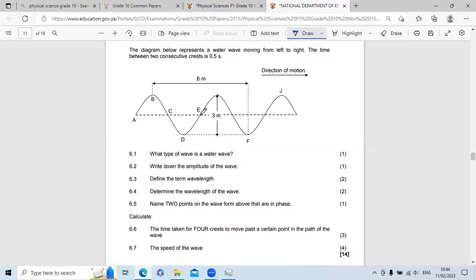So the amplitude is from here to here. That means when coming to the amplitude, you're going to have to divide the 3 by 2. So 3 divided by 2, and you're going to get 1.5 meters.